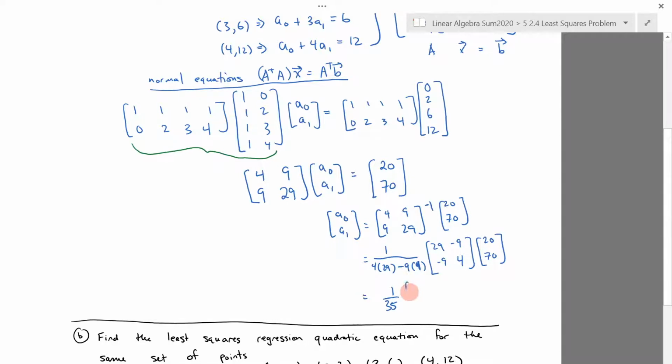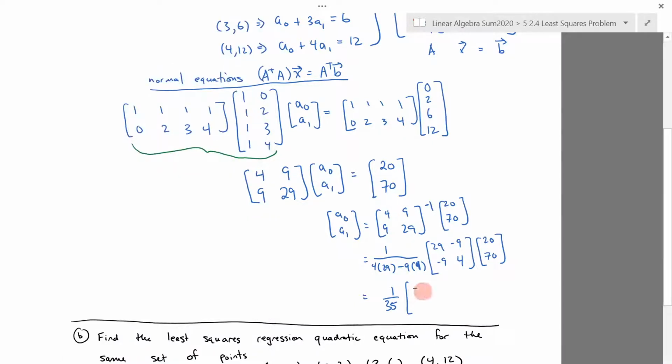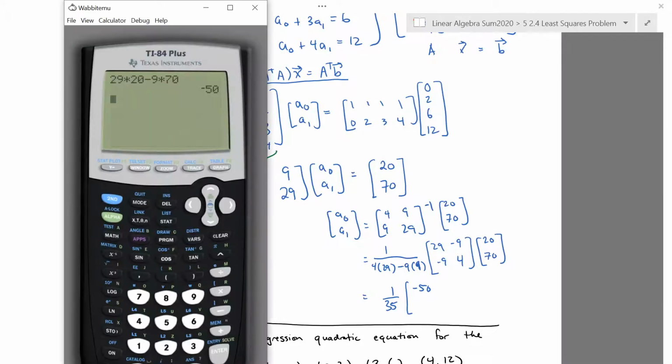And what is this matrix product? So 29 times 20 minus 9 times 70 is negative 50. And what is this?